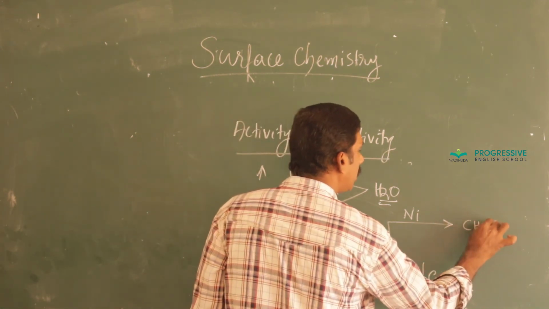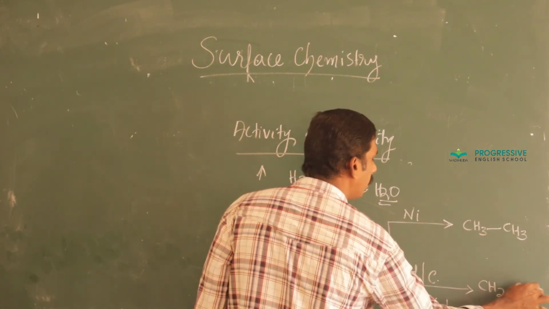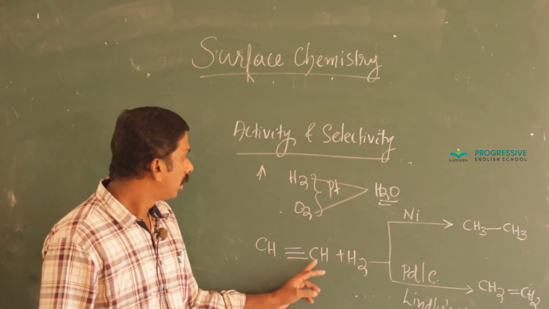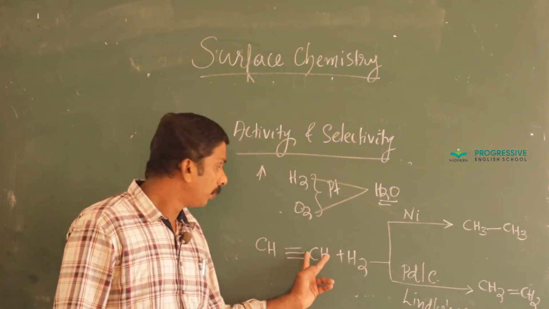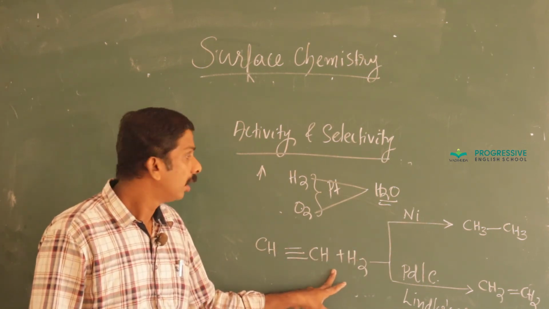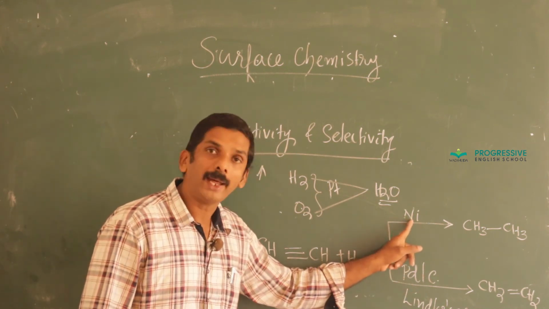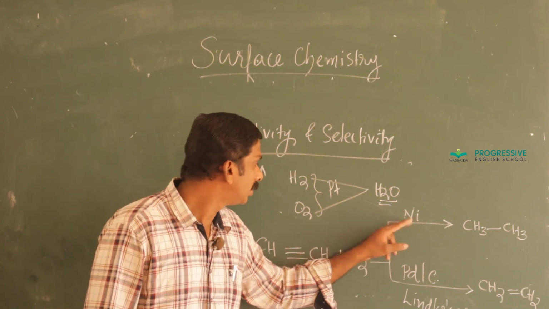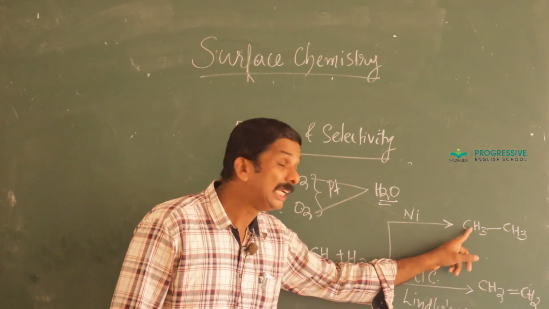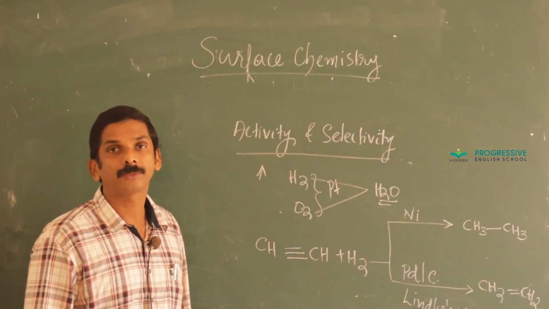Here CH3 single bond CH3, here CH2 double bond CH2. In both cases the reactants are the same, but the catalysts are different. The ability of a catalyst to direct a reaction in order to produce a different product is known as selectivity.